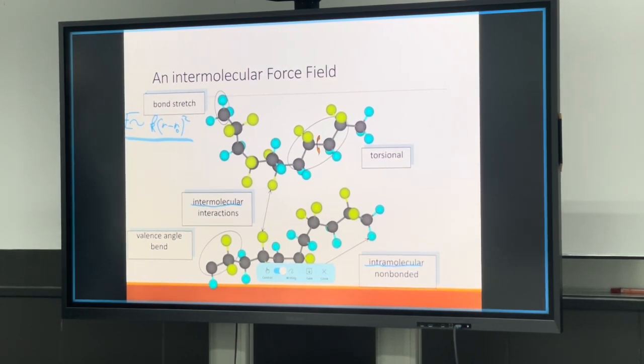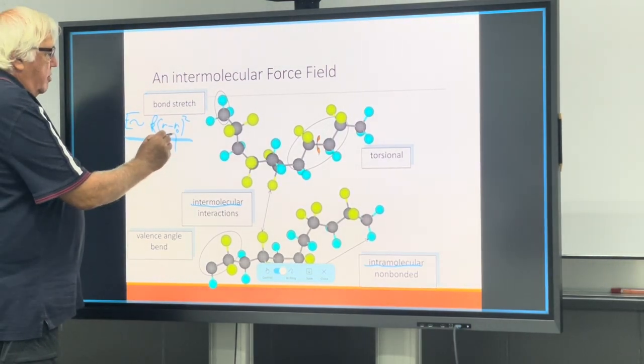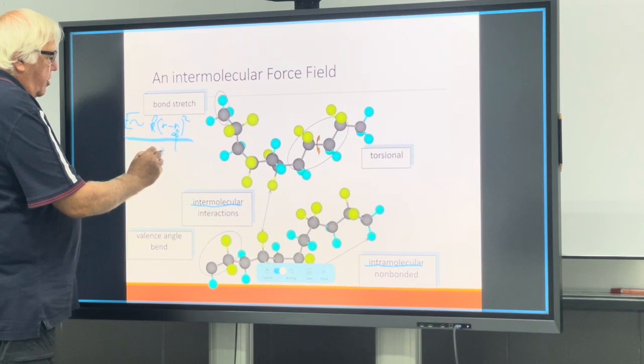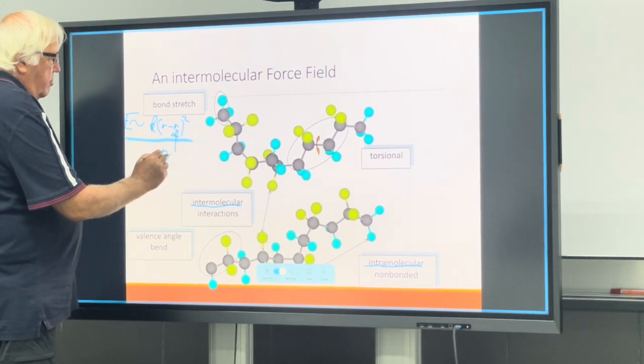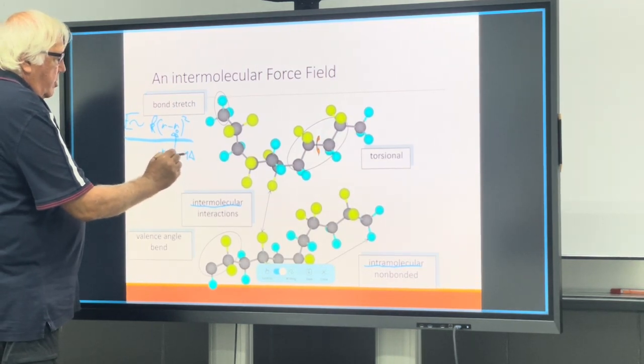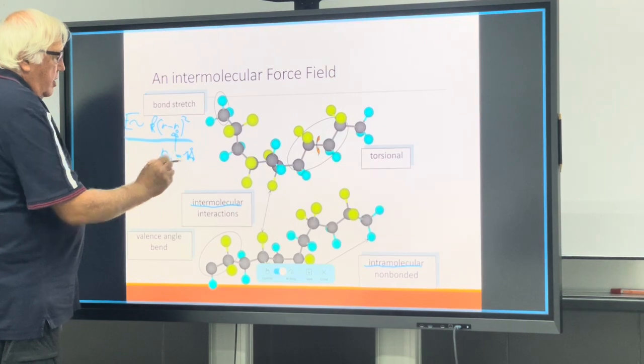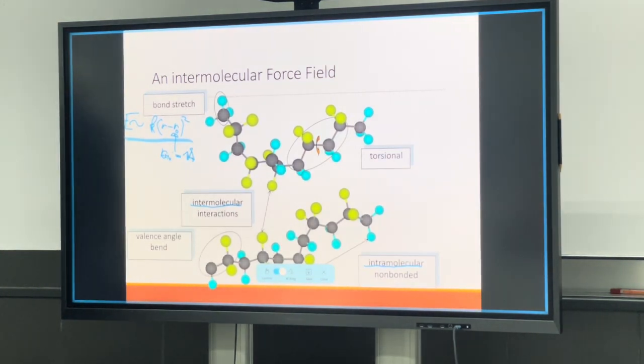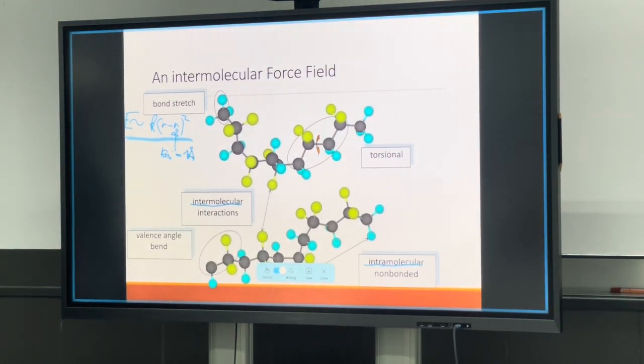So if the R0 is 1.0, if it is CH 0 equal 1 angstrom, then 0.9 will be a little bit different from 1.1.